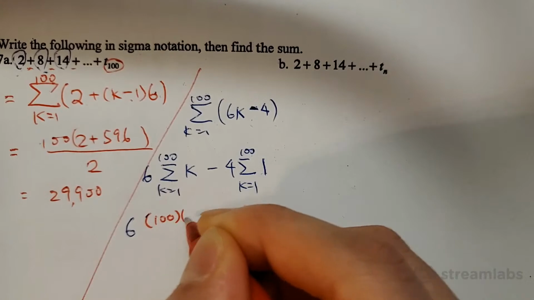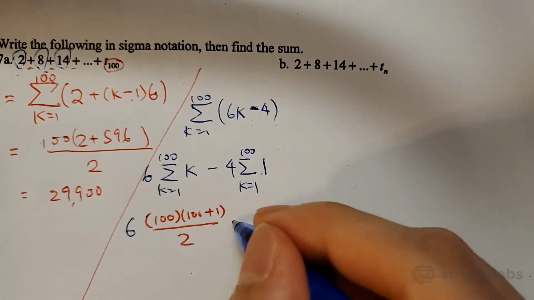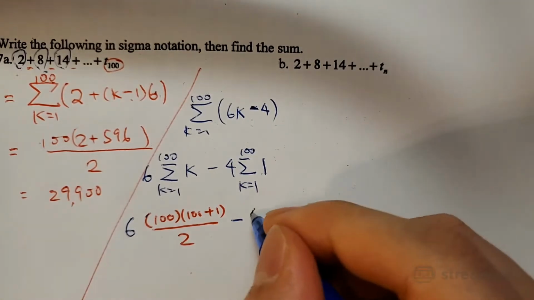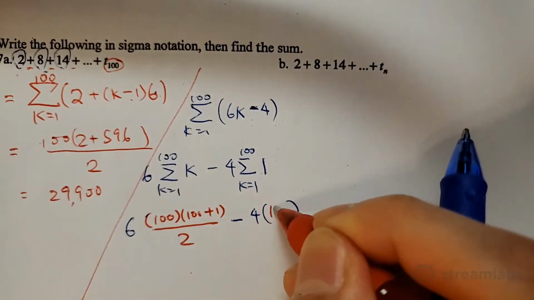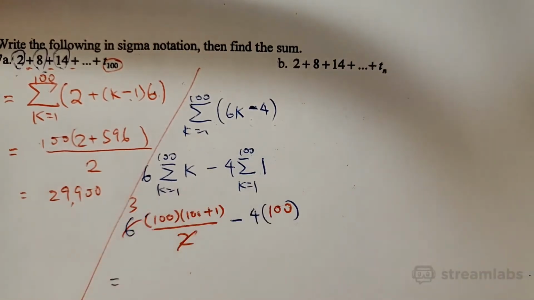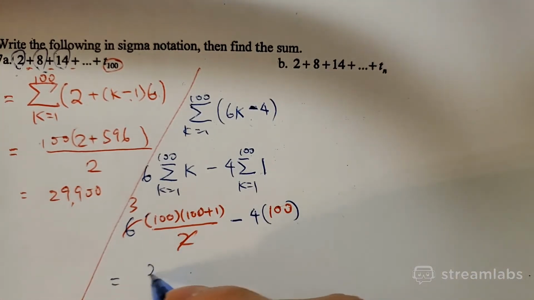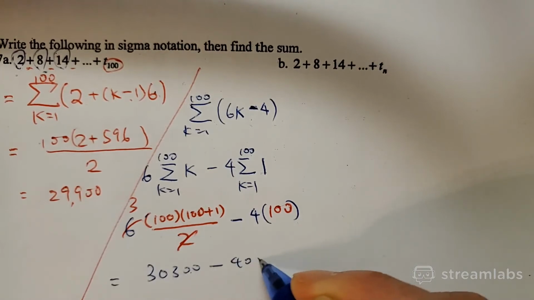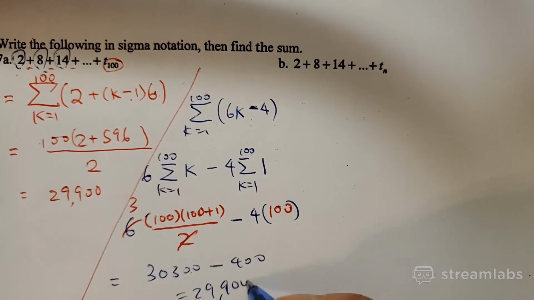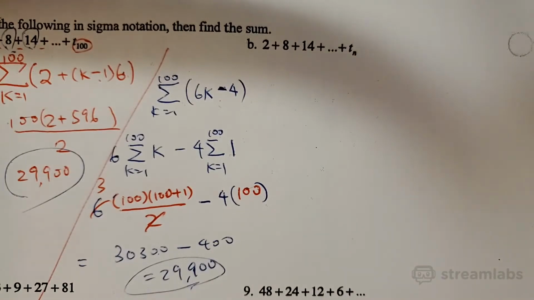So it's 6 times 100 times 100 plus 1 over 2, minus 4 times this part, which is just 100 because 1 times 100, right? Okay. And then you're going to get 300 times 101, which is 30,300, minus 400, which will also be 29,900. Okay. So whatever method you choose should give you the same answer.